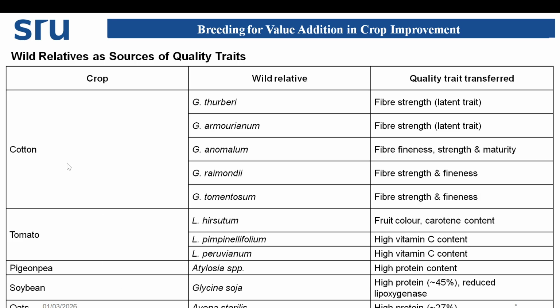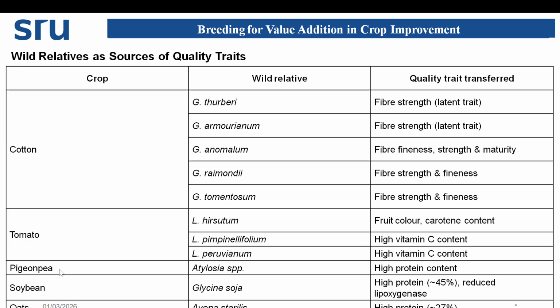Now, here see wild relatives as a source of quality traits. In case of cotton, for fiber strength, Gossypium thurberi and Gossypium armourianum. For fiber fineness, strength and maturity, Gossypium anomalum. For fiber strength and fineness, Gossypium raimondii and Gossypium tomentosum. In case of tomato, fruit color and carotene content, Lycopersicon hirsutum. For high vitamin C content, Lycopersicon pimpinellifolium and Lycopersicon peruvianum.